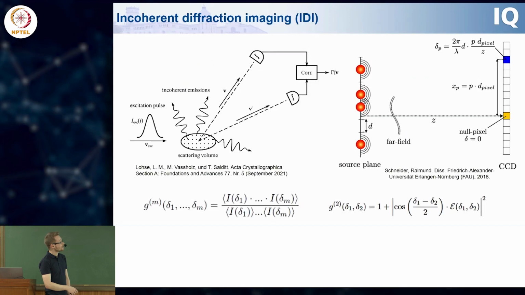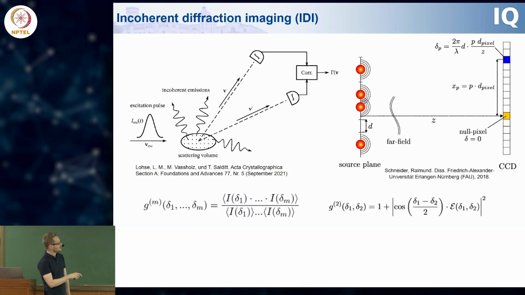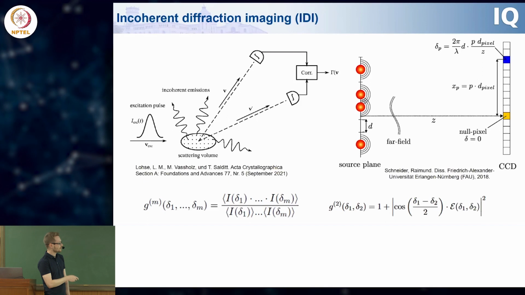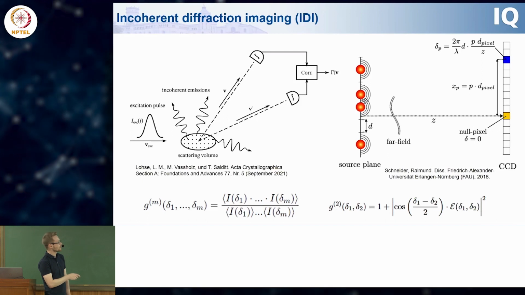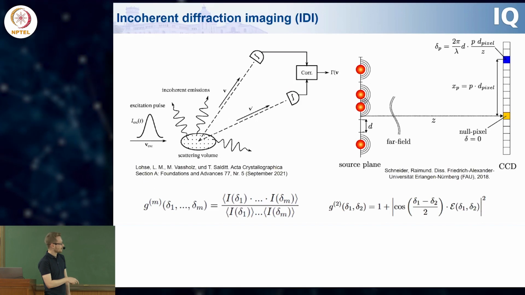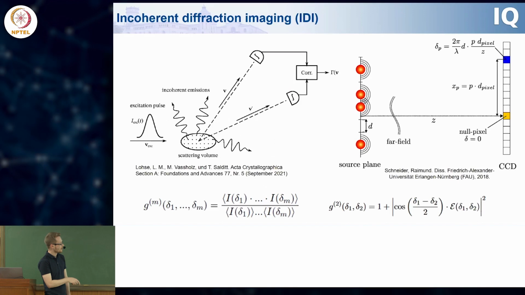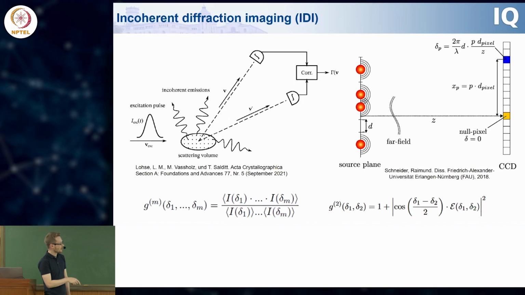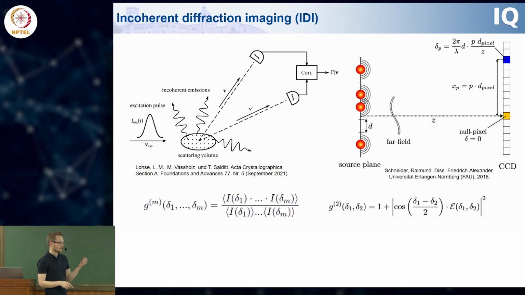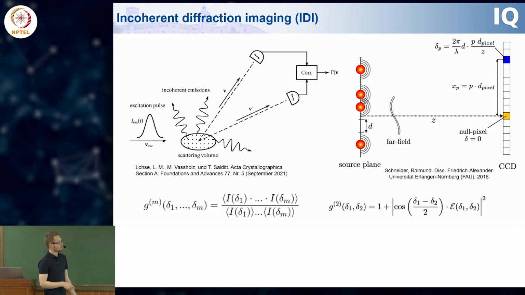And for that, this is like the next two theory slides. The basic of the technique is correlation based. So what you do essentially is you have fluorescence from the material and you collect your photons at two different points. And by then calculating the convolution of this signal that you get, you can get back some portion of the information that you have in a diffraction image.